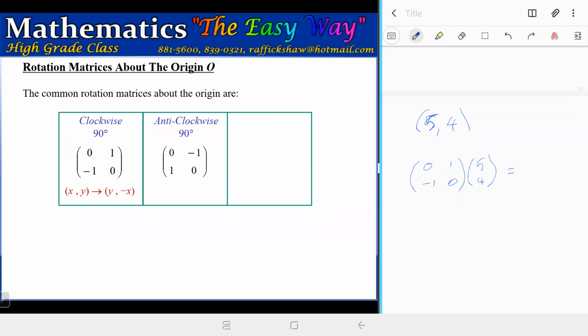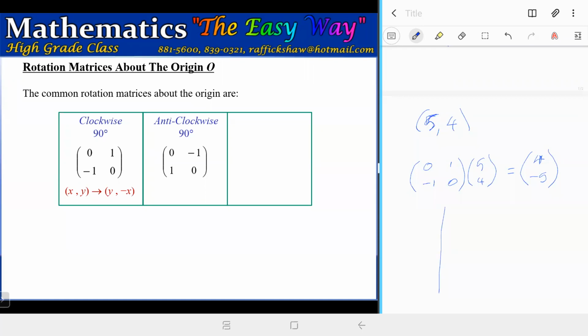So the x value of the new point will be 4. Then negative 1 times 5 is negative 5, and 0 times 4 is 0, so that will be negative 5. So if I rotate this point (5, 4) clockwise, it's going to go to (4, -5). That's what it means.